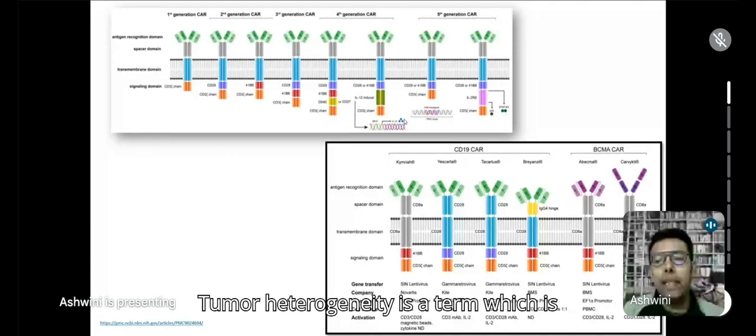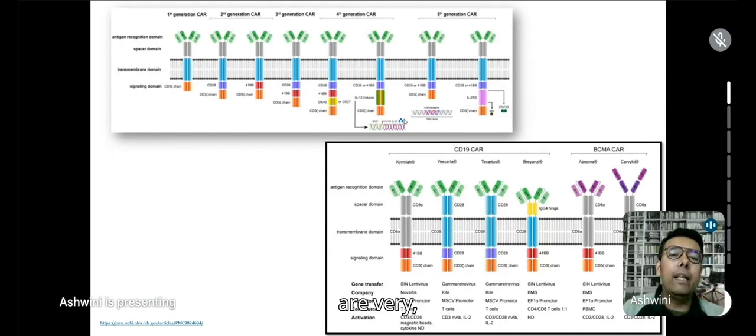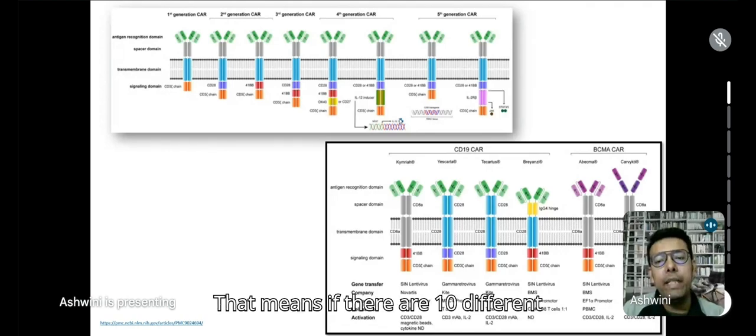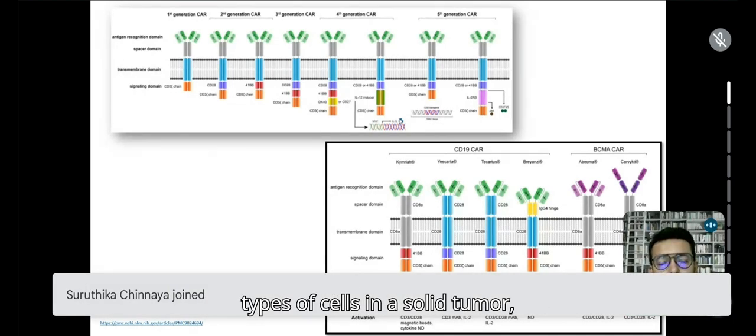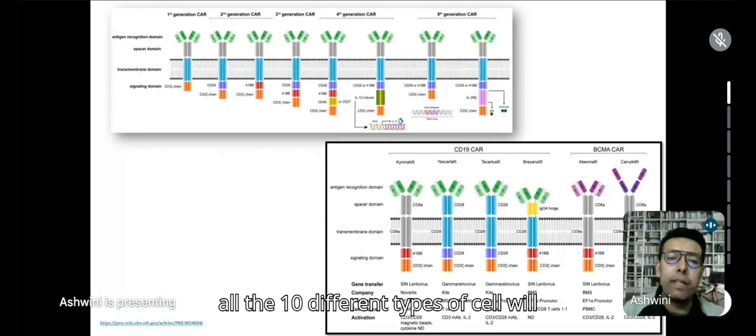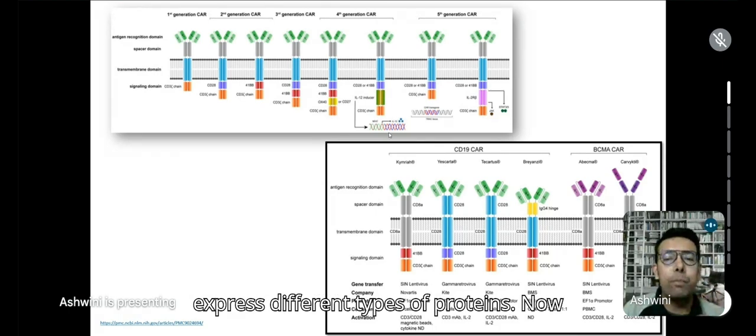heterogeneity. Tumor heterogeneity is a term which is used for the condition where the cells of the solid tumor are very heterogeneous in nature. That means if there are 10 different types of cells in a solid tumor, all the 10 different types of cell will express different types of proteins.